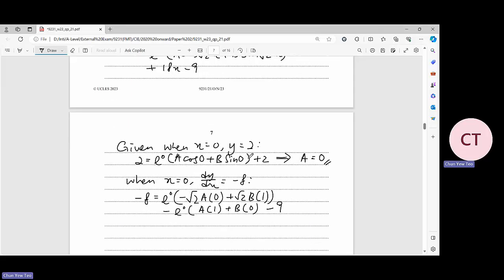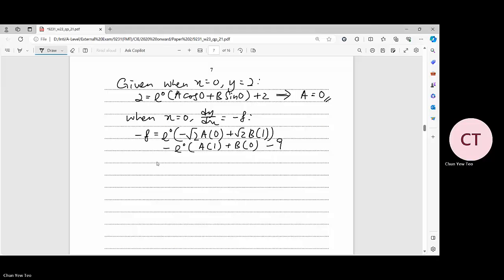Okay, so we simplify it. We'll get root 2 b minus b minus a minus 9. a is 0.